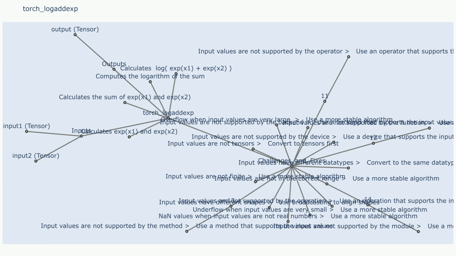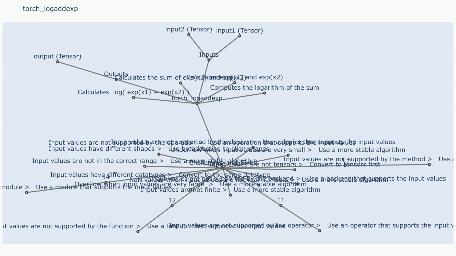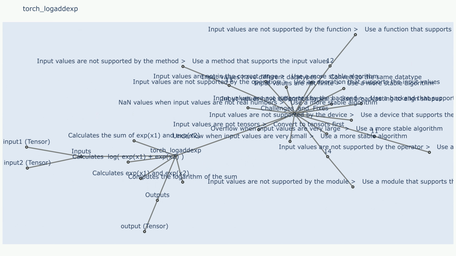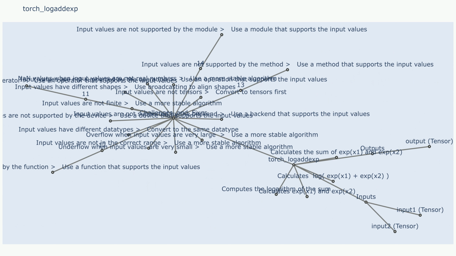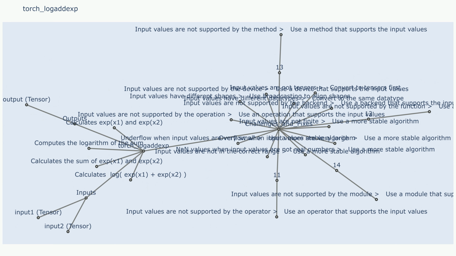Outputs: a tensor of the same shape as the input tensors containing the result of the logaddexp operation. Steps. The function first calculates the exponentials of both input tensors, exp(input1) and exp(input2). It then sums the exponentials, exp(input1) + exp(input2). Finally, it calculates the logarithm of the sum, log(exp(input1) + exp(input2)).